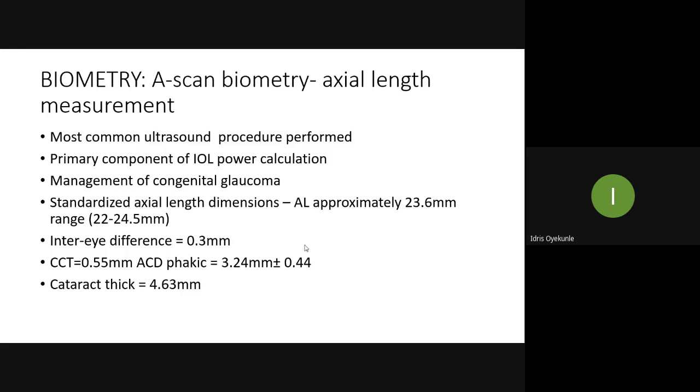So we've really talked a lot at length about diagnostic ultrasound or diagnostic echography. Biometry is also very important because we also use ultrasound waves, and A-scan biometry is very important in axial length measurements. It is the most common ultrasound procedure.